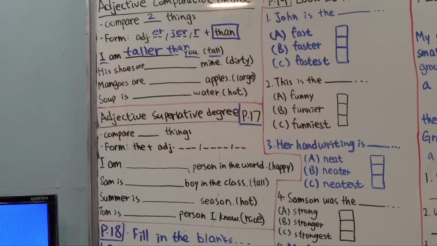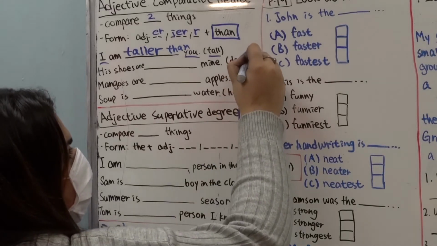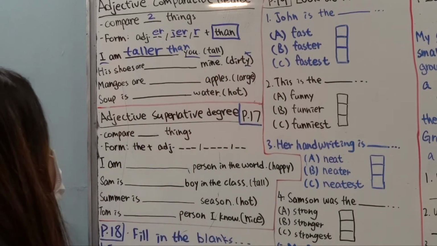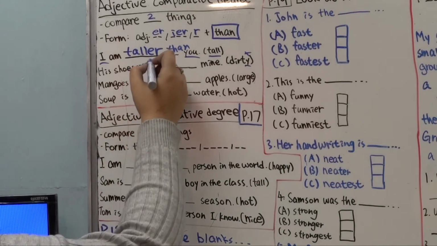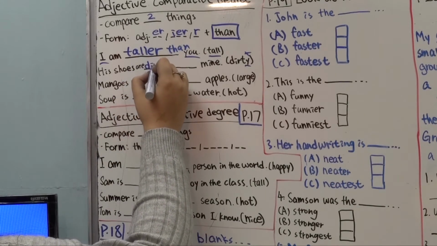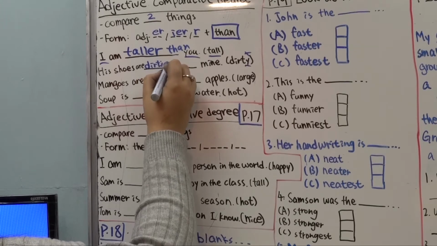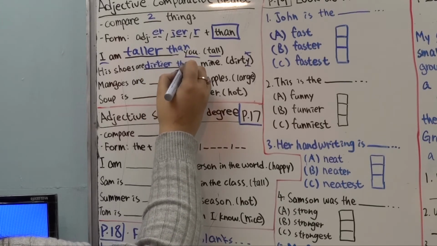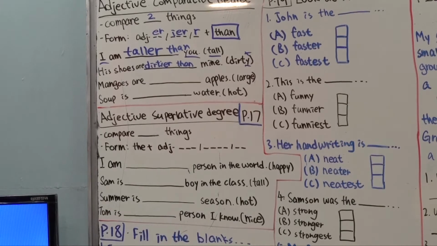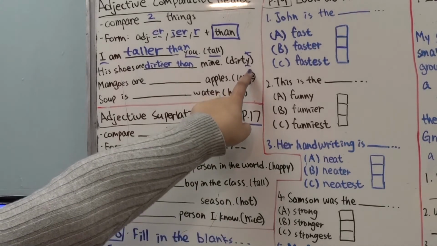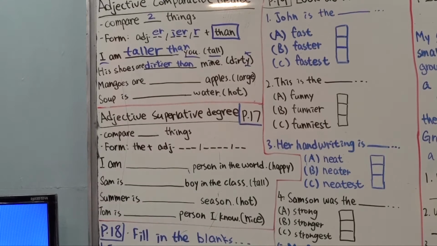Do we add ER? Do we add R? Do we add IER? What do you think? You got it. We cross out the Y and add IER, right? So his shoes are dirtier than mine. Okay? Adjective ends with Y. We cross out the Y and add IER.